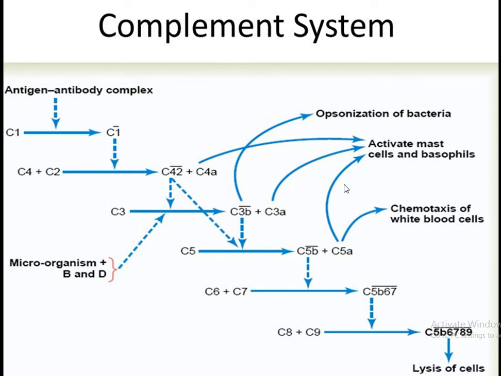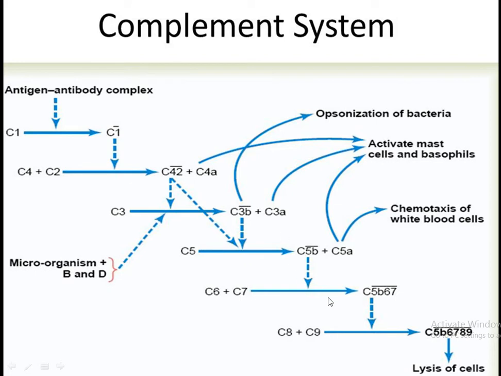This is the main complement system. You can see the antigen-antibody reaction takes place here, which initiates a number of steps so that in the end lysis of the cell takes place. This is the main pathway, but other pathways, for example the alternative pathway and the lectin pathway, enter here and assist the main chain.